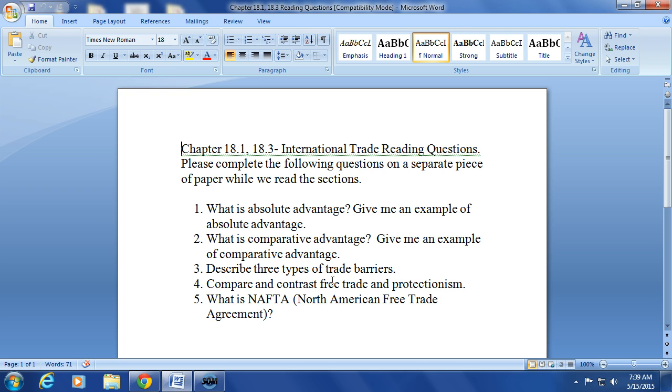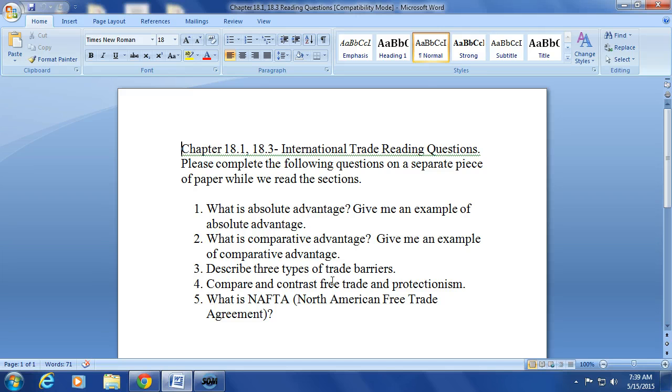All right, so now I want to talk a little about trade between nations, and specifically for number 3, the 3 types of trade barriers. So if you turn with me to 18.3 on page 439, you can see the 3 different types of trade barriers.